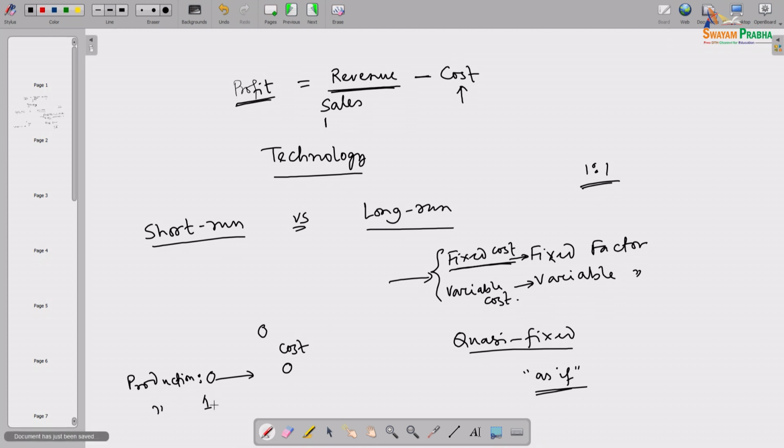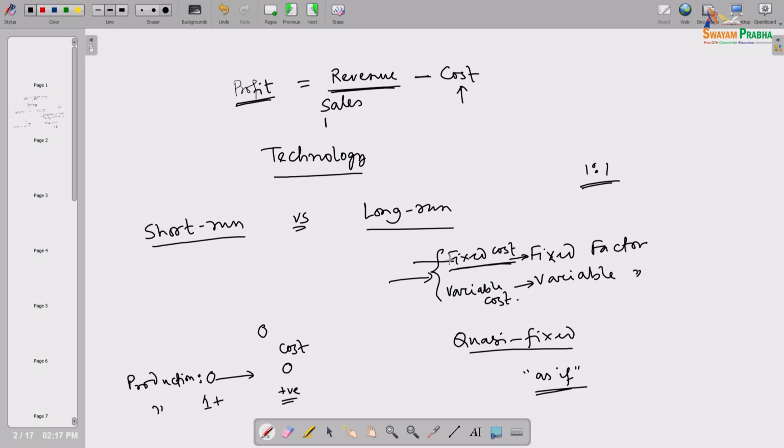For production of 1 unit plus some positive units, I have to incur some positive cost, and that amount of cost will not vary at all. 1 unit of output, whatever cost I am incurring, 2 units of output, same cost, 5 units of output, same cost, so long as I am using this factory size.